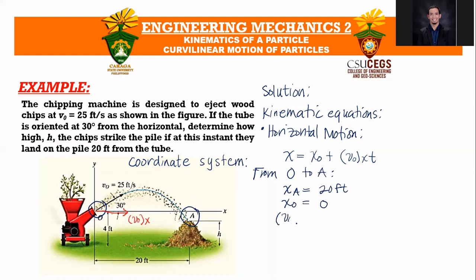Vox, that can be found using VO times cosine 30 degrees, since the angle 30 is adjacent to the x-axis. So that would be 25 times cosine 30 degrees. And that would be 21.65.